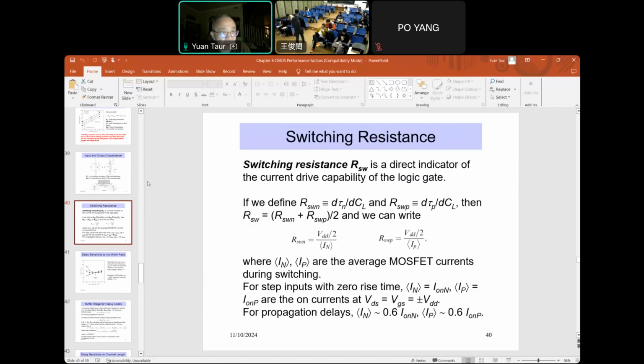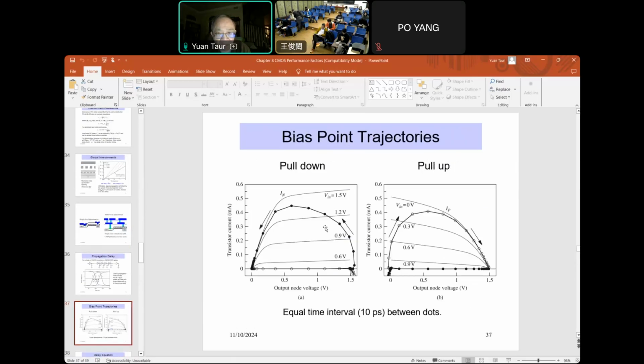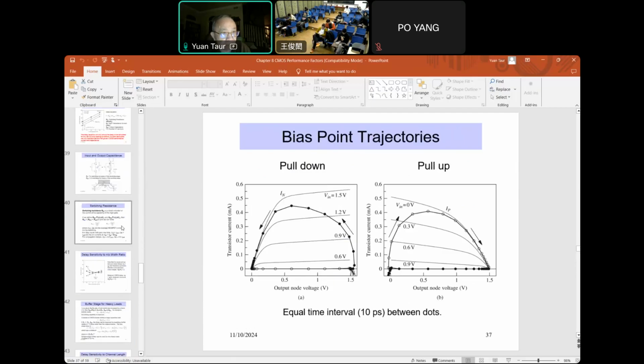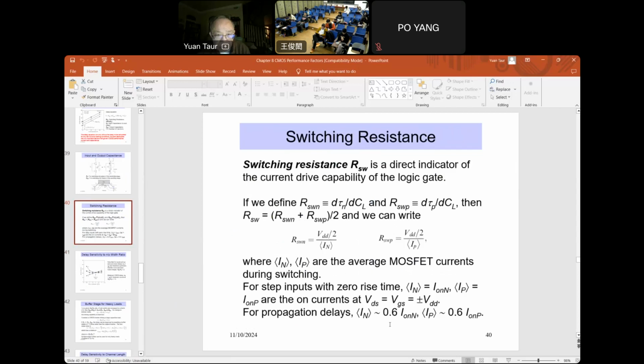So if you look at the switching trajectory again, the effective current, of course, we only consider up to VDD over 2, 1.75. The average of this is about 60% of the maximum current, roughly. Okay, so that's the price to pay for the finite rise time and fall time.